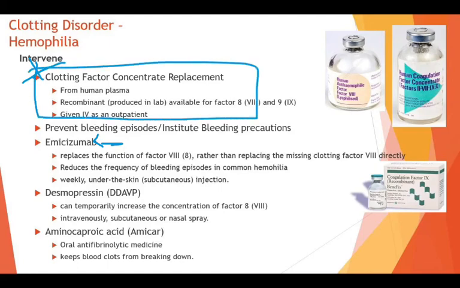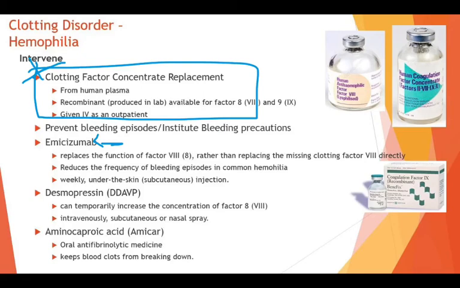I don't want you to focus on the alternate things, just in case you recognize them somewhere, that they are alternate therapies for hemophilia. And Amicar is an acid that basically keeps clots from breaking down. So once you get a clot, it doesn't break down as quickly. But again, those are all recommended by a physician.